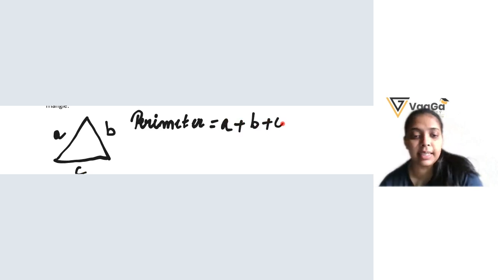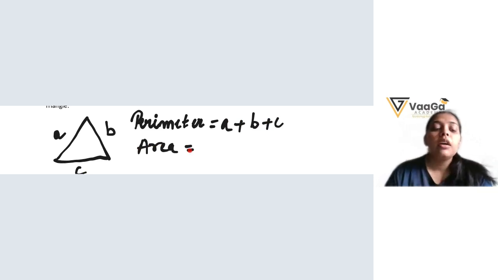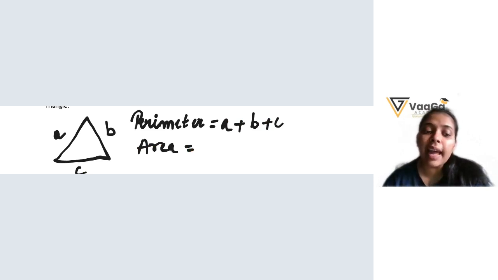Let's talk about area. Do I have any vertical side in this? No. So I need to make a vertical side to calculate the area. Then how will I calculate the area?